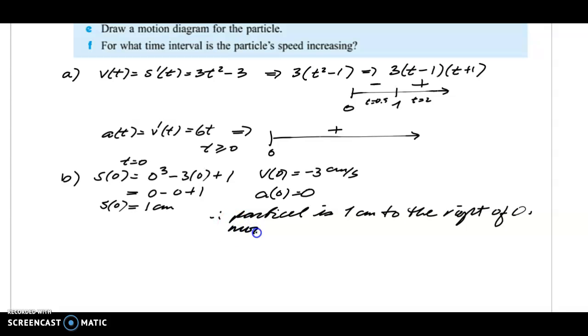Moving, because it's negative, it's moving back to the left. So it's on the origin, 1 centimeter to the right, sorry. And it's moving that direction back towards the origin, to the left at 3 centimeters per second. Right? So there we go.